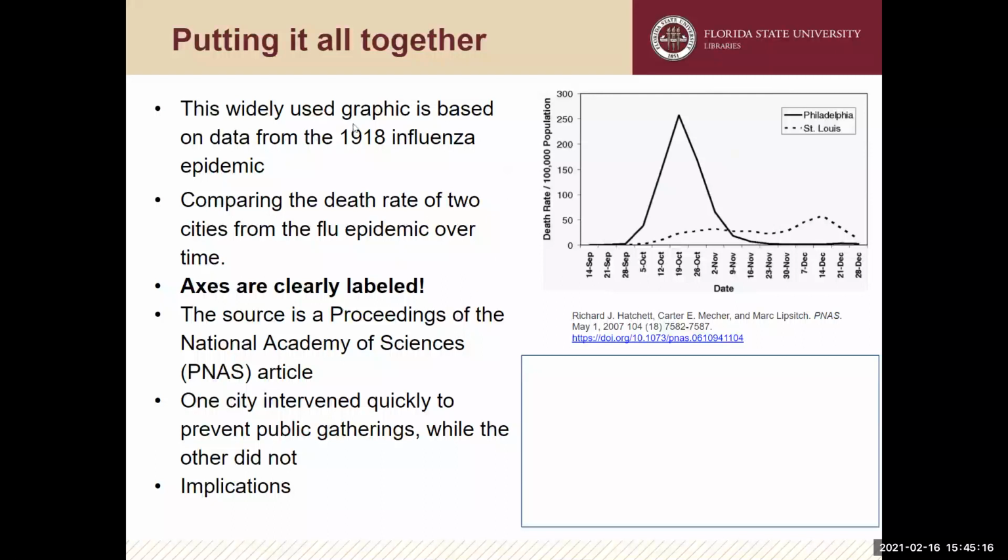If we think about what kind of data we're looking at, it's based on data from the 1918 influenza pandemic, the last pandemic before the current COVID pandemic, which happened about 100 years ago.